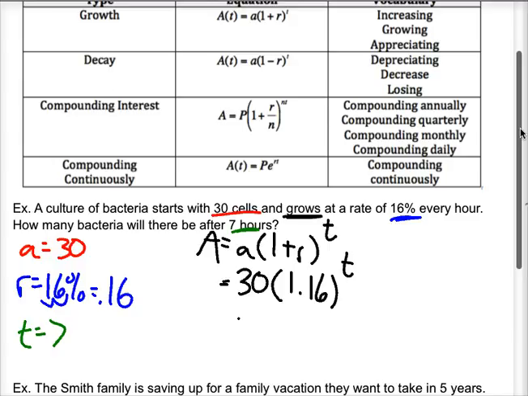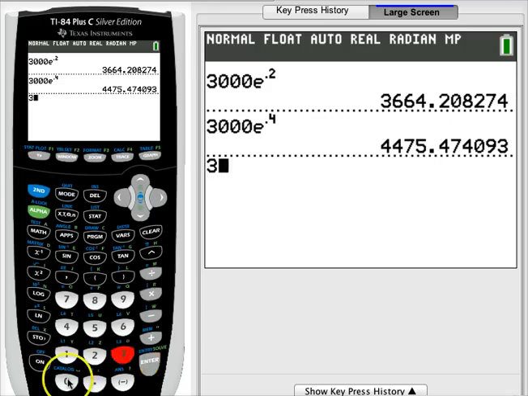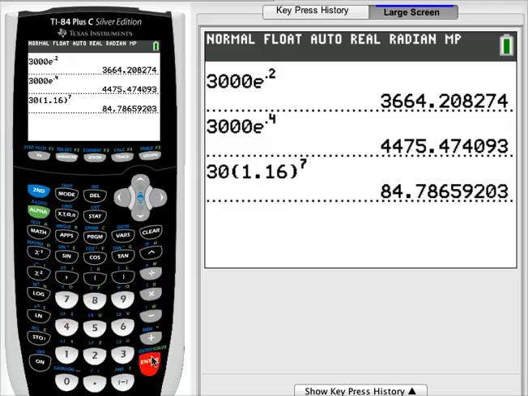We're talking about 7 hours, so I'm going to plug in that 7 in order to calculate this. 30 times 1.16 to the 7th, we're talking about 7 hours.